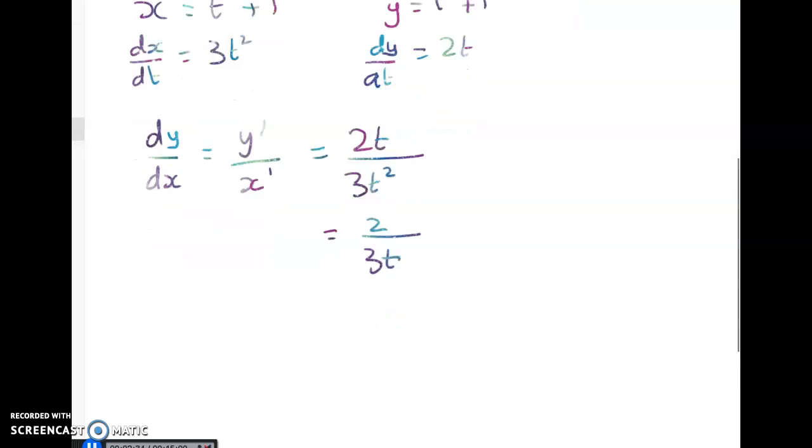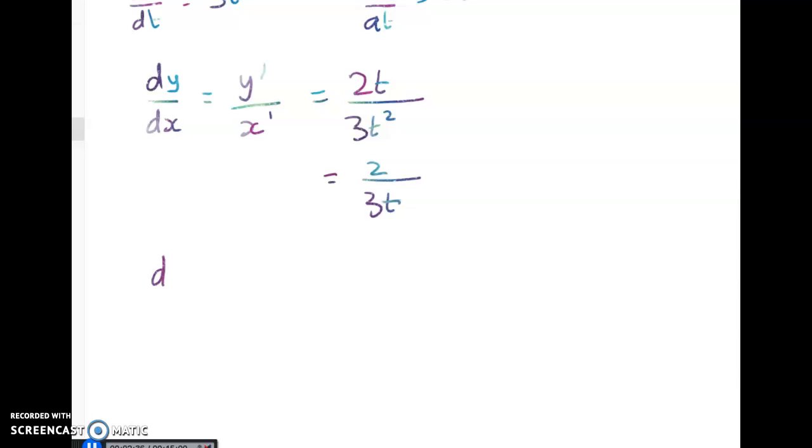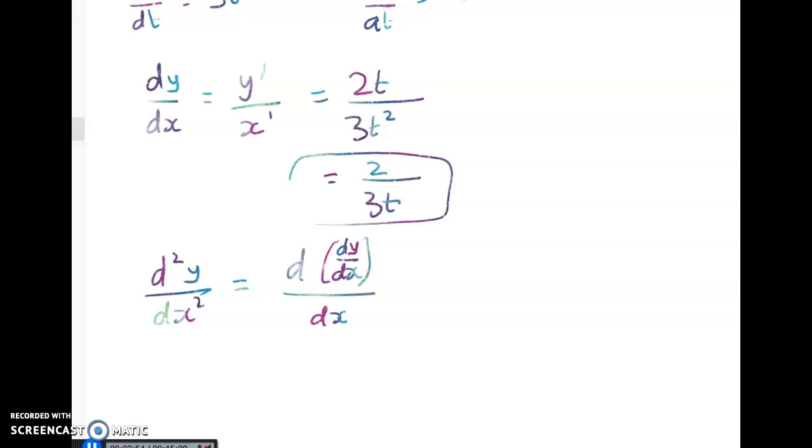Okay, what about the second derivative? Well, what does that mean? It means when x changes by a little bit, how does dy by dx change? So what we want to do is to take dy by dx and differentiate it with respect to x. But we can't do that, right?